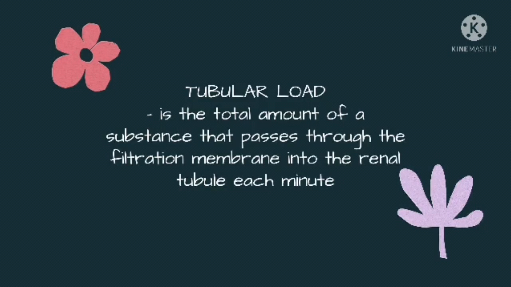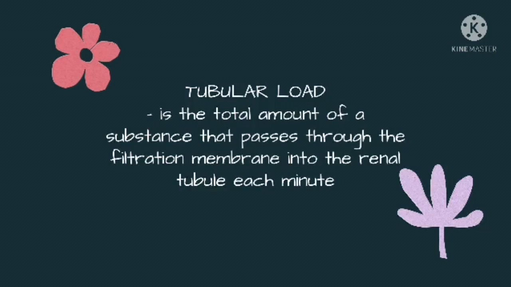Now we have the tubular load, which is the total amount of a substance that passes through the filtration membrane into the renal tubule each minute. Do you know that normally the glucose is almost completely reabsorbed from the tubule by active transport?